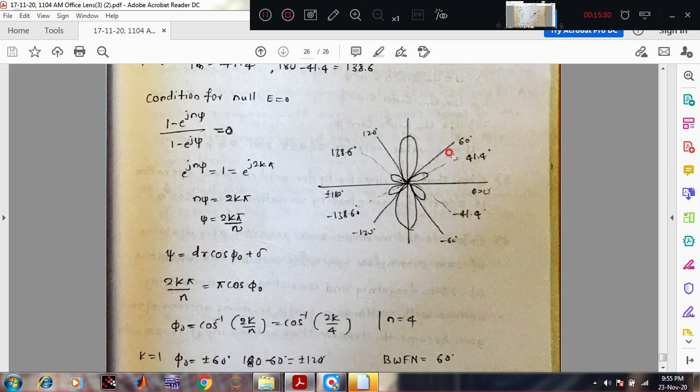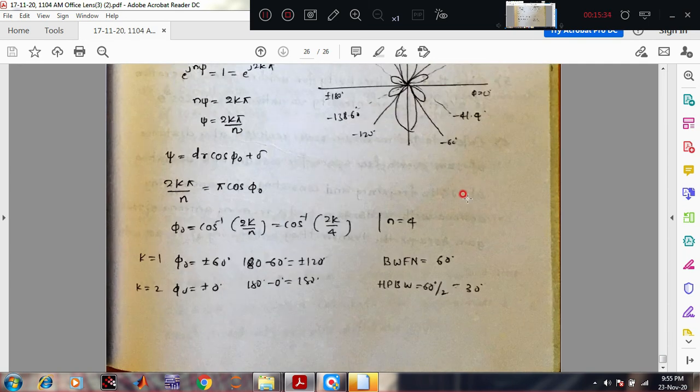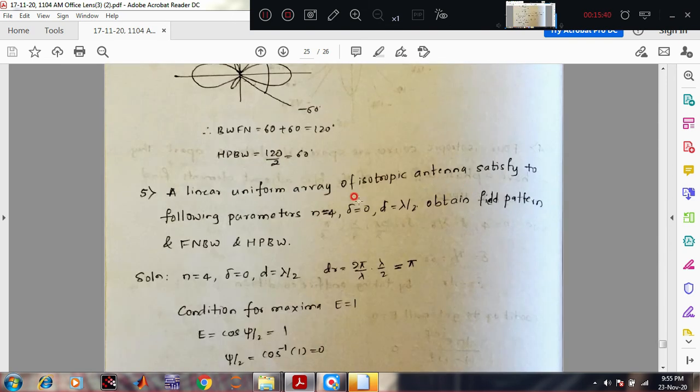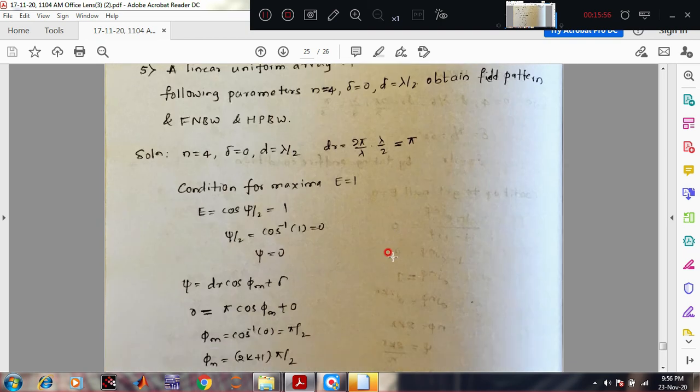So depending upon these three parameters, we can draw any kind of radiation pattern for the given condition, where they may vary the number of point sources, or the spacing between them, or the phase difference angle, that is the delta value. So they may ask you to draw the field pattern or first null's beamwidth and also half power beamwidth.